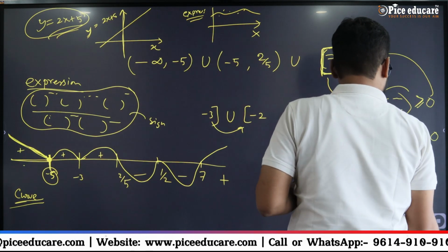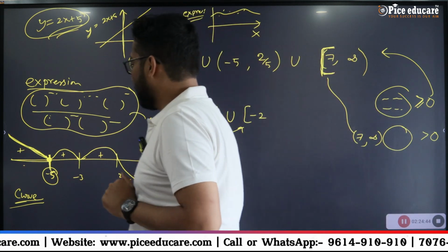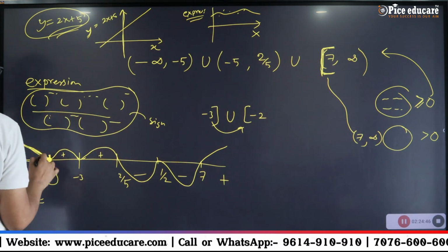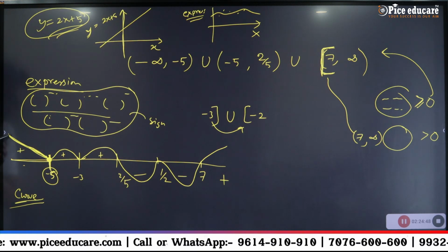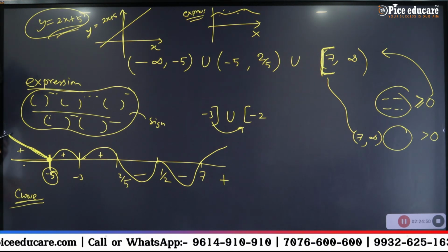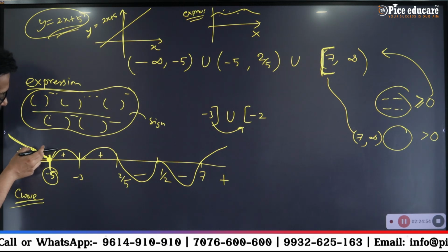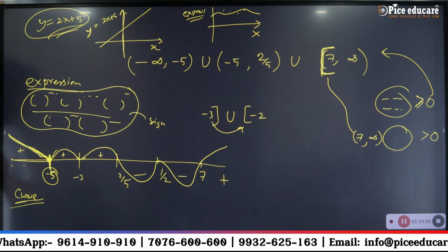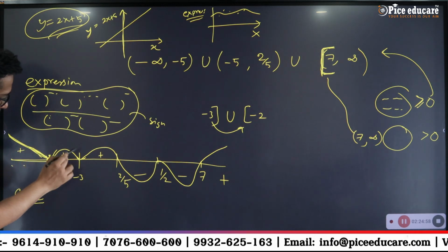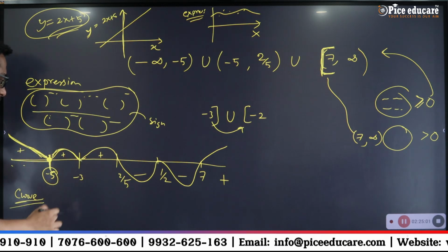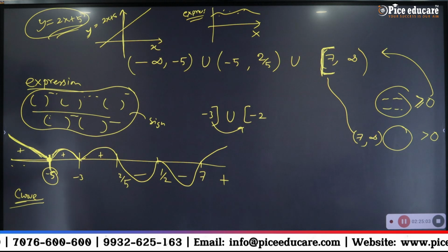No way at x equal to minus 5 this expression will become 0. So the curve that we are drawing, maybe it looks like it touches the x-axis at minus 5, so maybe it is 0. It's not that. So that's why it's not a graph. It's just a curve, a representation.